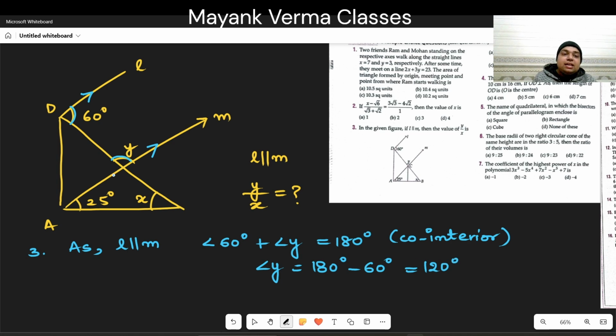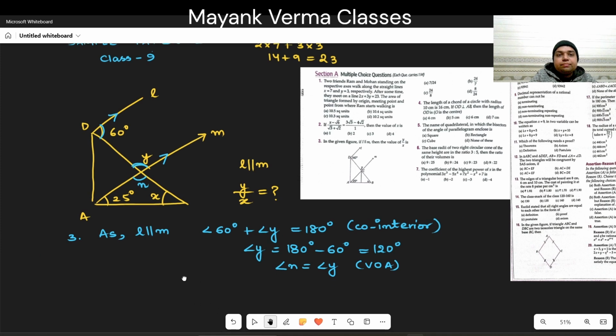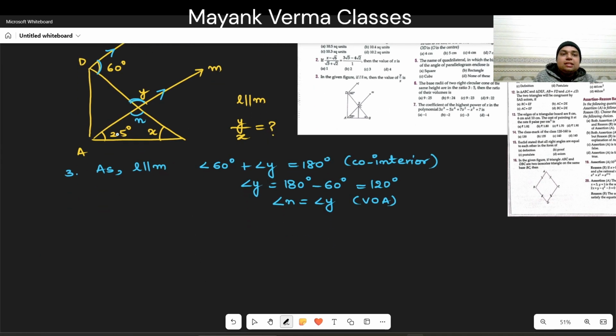Now let's see if this angle and this angle will be equal. Let's say this is N. So angle N will be equal to angle Y, vertically opposite angles. Okay. Now if we see the next part, in the triangle, let's say this is P and this is Q. So in triangle APQ, we know that 25 degrees plus angle N plus angle X should be equal to 180 degrees.